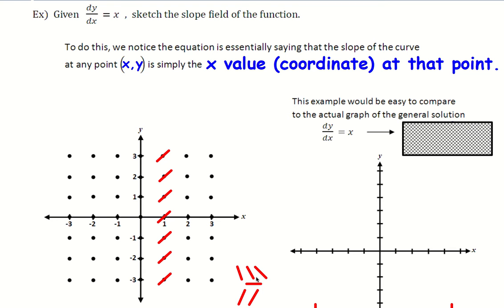And so all of these points where the x coordinate is 2, dy dx would equal 2. So here's a little line segment that has a slope of 2.